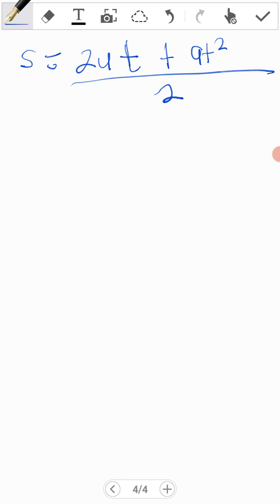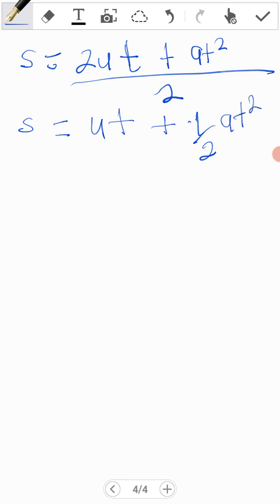Finally, our S can be ut plus half at squared.